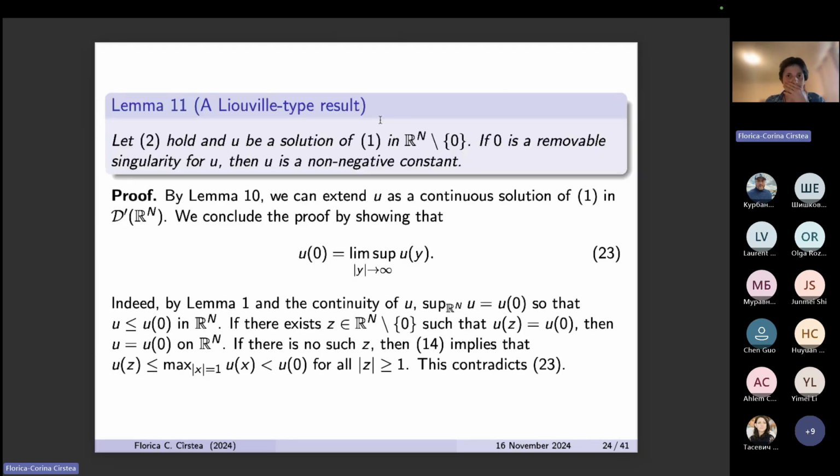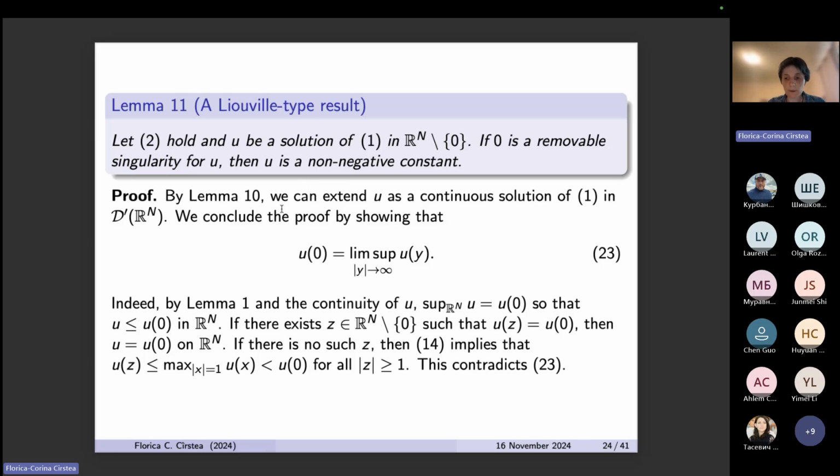And then the Liouville result. Let me see how we prove this Liouville result. It is a very, very short proof once you have that Lemma 1. So if we have a non-negative solution in R^n minus 0, and 0 is a removable singularity for u, which we know can only happen when q is greater than or equal to q star, then u is a non-negative constant.